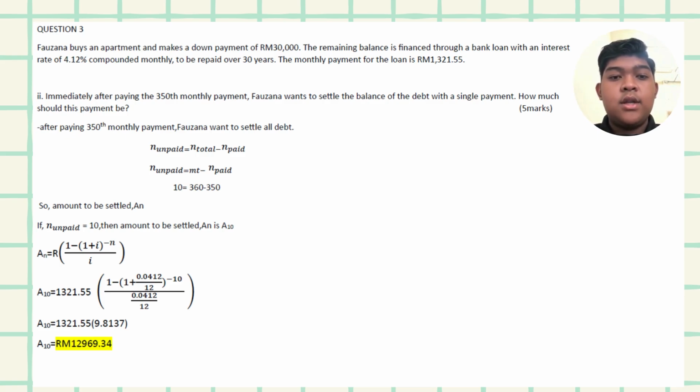So if N unpaid equals 10, then the amount to be settled must use the formula A_N equals R bracket 1 minus (1 plus I) to the power of negative N, divided by I. So just plug into the formula: A10 equals 1,321 ringgit and 55 cent bracket 1 minus (1 plus 0.0412 over 12) to the power of negative 10, divided by 0.0412 over 12. So the final answer is 12,989 ringgit and 34 cent.